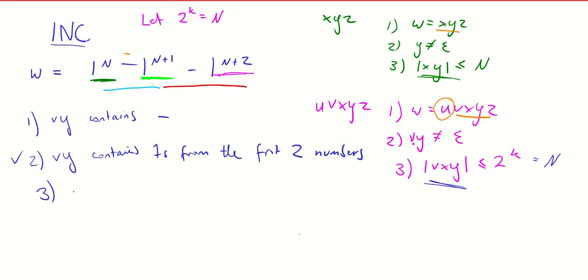And case 3 is vy contains ones from the last two numbers. And there we'll be able to say, look, if you pump down, actually no, we won't. Because if you pump downwards, it might be possible for you to pump downwards and have your numbers equal your first number.